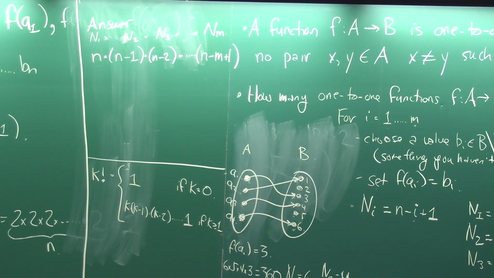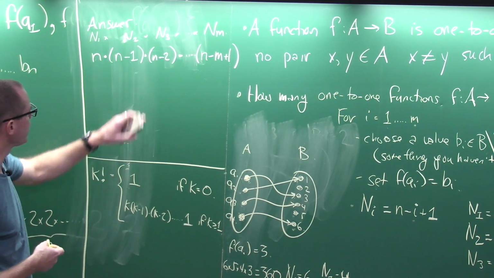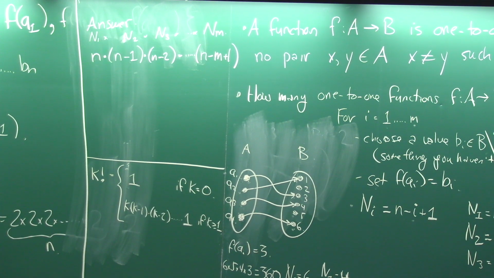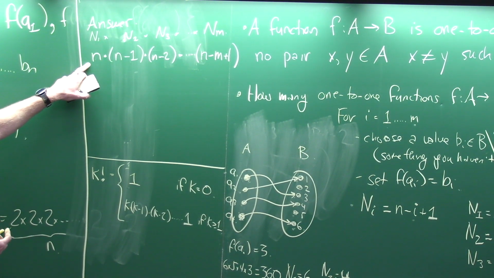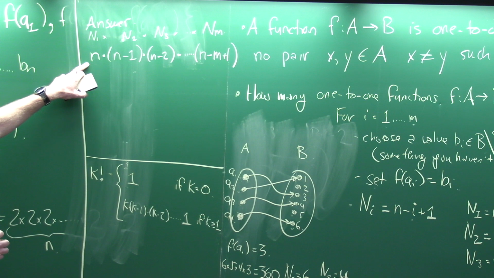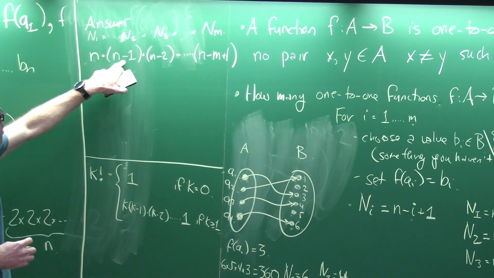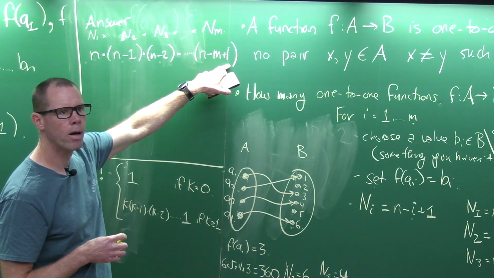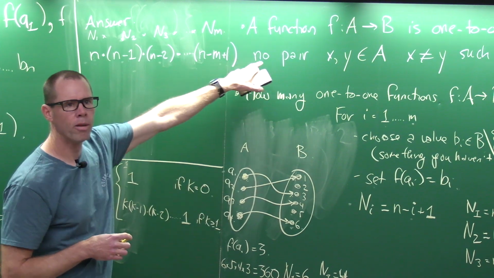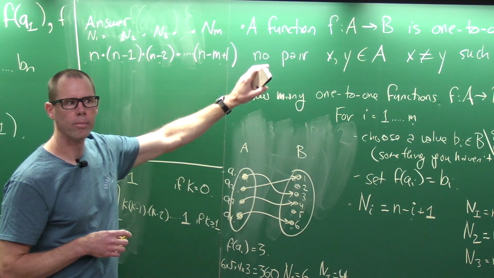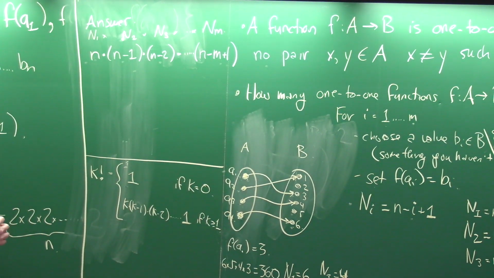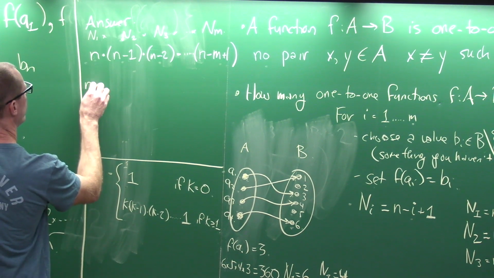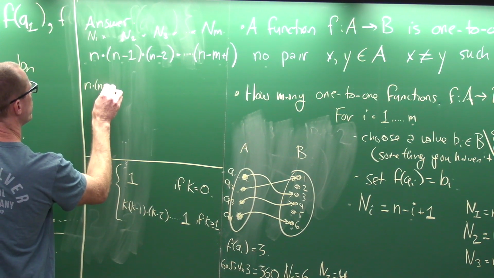Factorial lets us do this, and let's see how we would use it here. So what is this thing? It kind of looks like n factorial, right? N times n minus 1 times n minus 2, and so on, except it doesn't go all the way down to 1. Nevertheless, we can still use that.